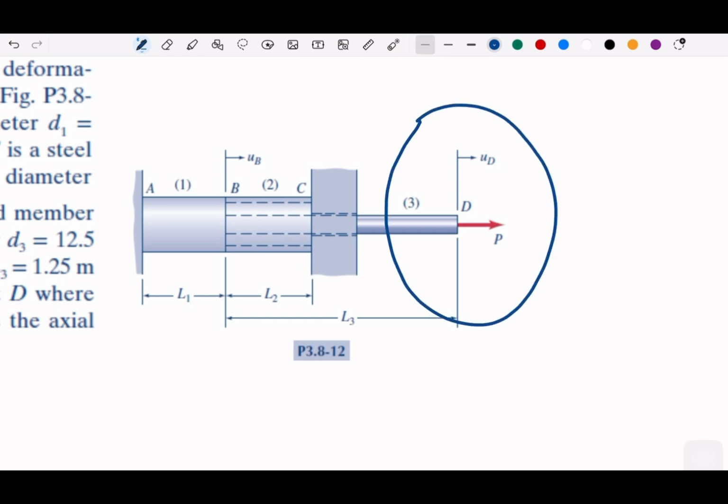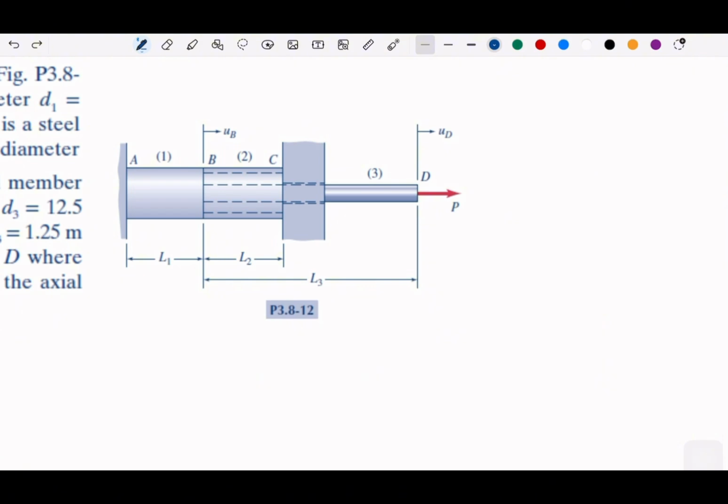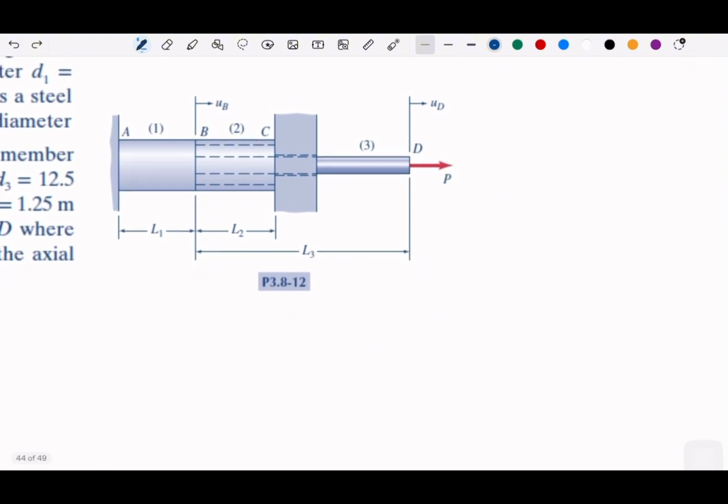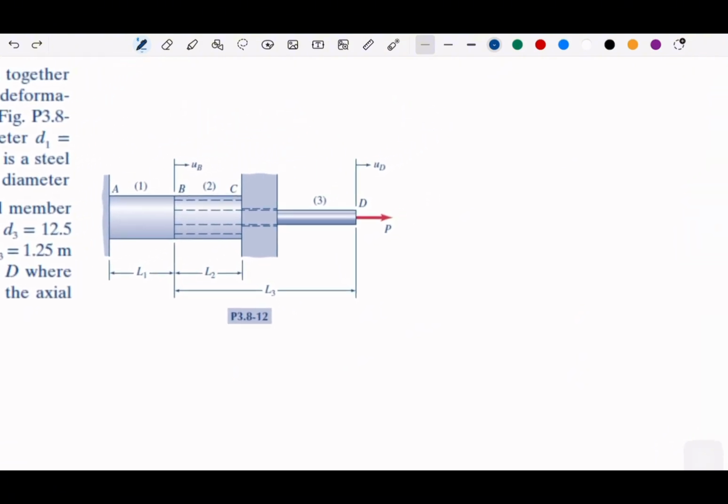We can see that we have only load P and reaction force in element 3, right? So if we take that as our diagram, so our free body diagram, so suppose that this is the D, okay. So this is element 3.